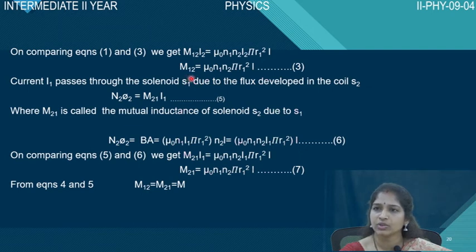See, if you look at equation 3 and equation 7, M12 is the mutual inductance of solenoid S1 due to solenoid S2, and M21 is the mutual inductance of solenoid S2 due to S1. Both are equal.